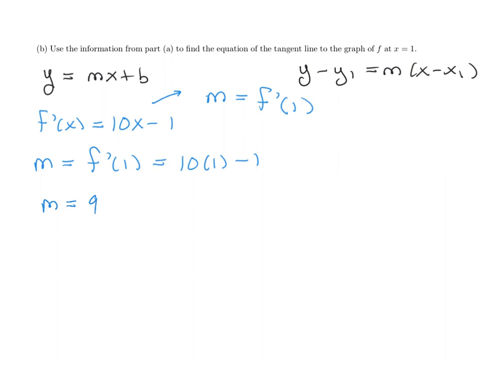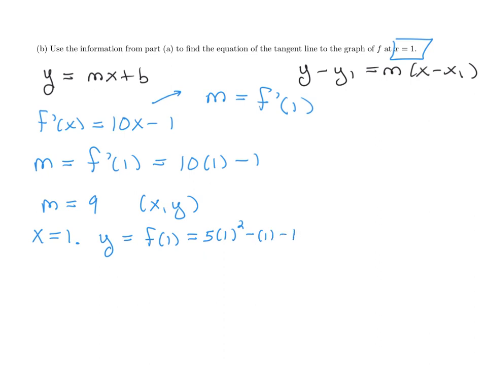The other thing that you need is a point on your function. That is, you need some x comma y value. Well, we're given that x is equal to 1. And if you want to find the corresponding y value, that's the original function evaluated at 1. The original function was 5x squared minus x minus 1.